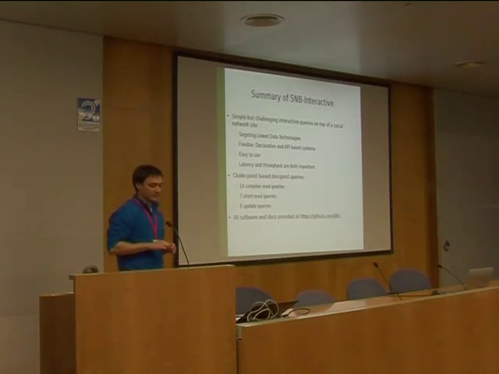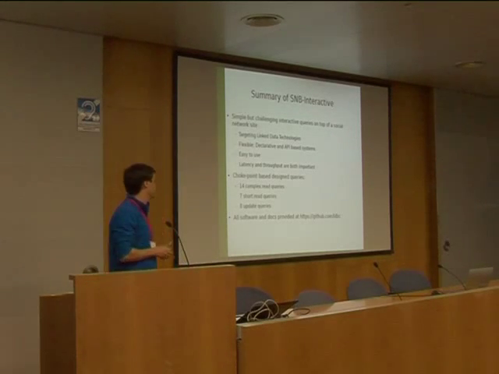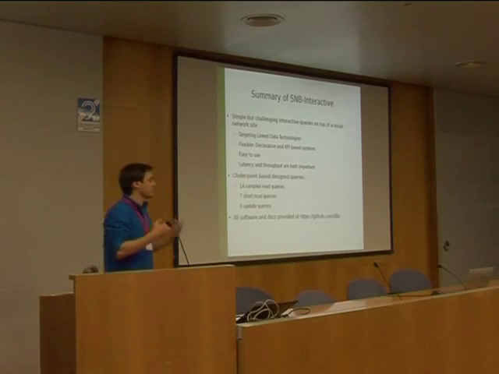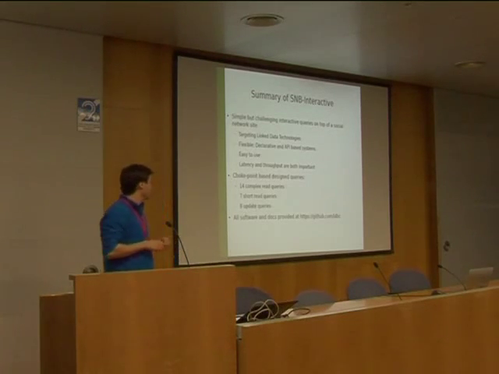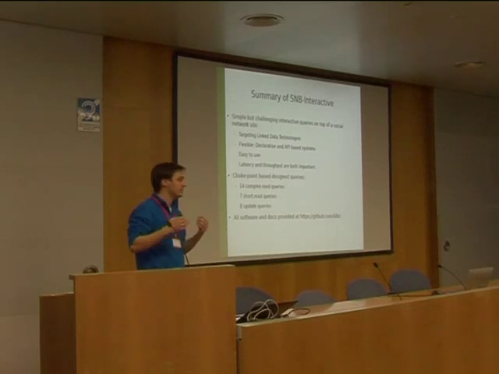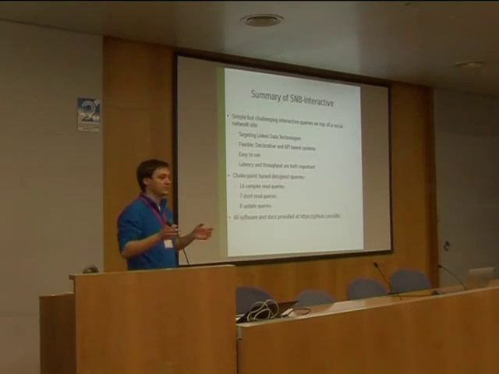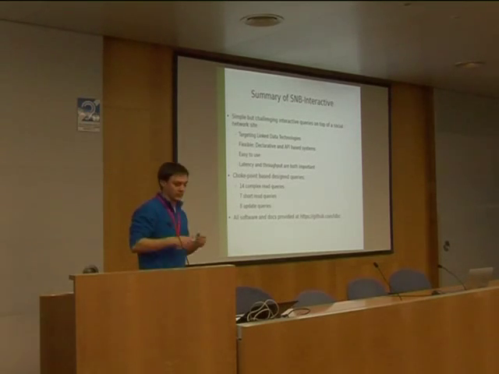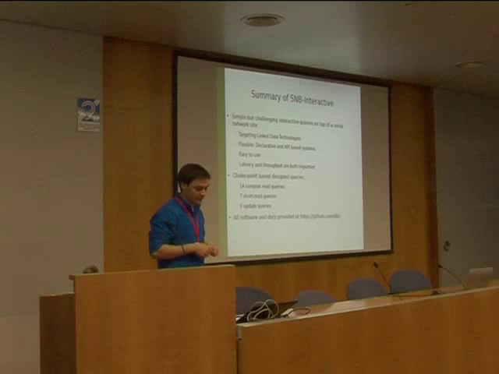So the SNB interactive workload is a benchmark that models or proposes challenging but interactive queries on top of a social network. It targets linked data technologies. It's thought to be flexible and easy to use, but we also don't want to limit the benchmark to a subset of systems, so we allow it to be used by technologies that support declarative and API-based interfaces.